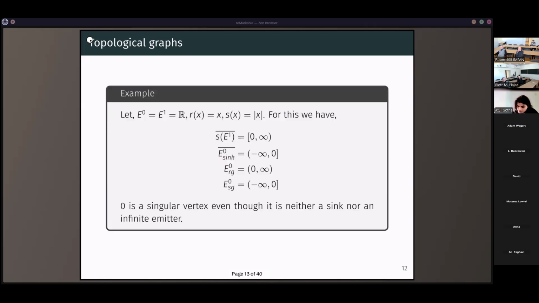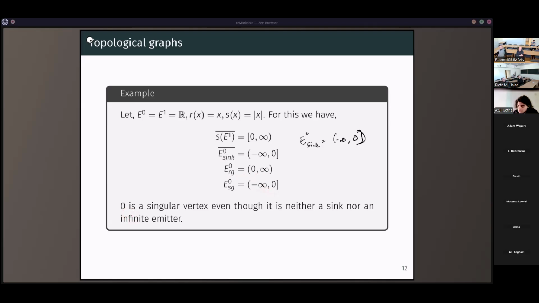So E0 sinks are just minus infinity to 0. So the closure becomes 0 included. Similarly, the regular vertices are all the positive non-zero numbers, and all the singular vertices are all the non-positive numbers, which are minus infinity to 0. So here we can see that because of taking the closures and all of this, 0 becomes a singular vertex, even though it's not a sink or an infinite emitter.